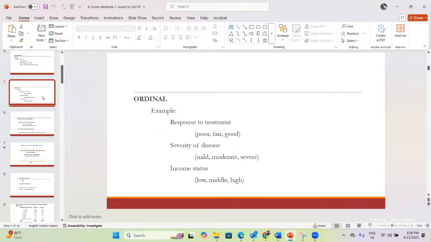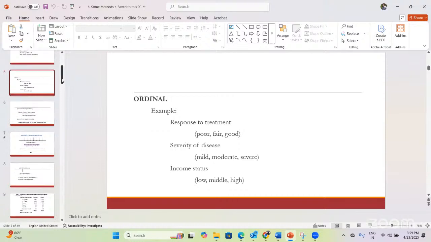Within the attribute, there are two kinds, one is nominal, another is ordinal. Ordinal cases mean, for example, response to the treatment is poor, fair, or good, or according to the severity of the disease, mild, moderate, or severe, or income level. So these are the qualitative information for us.